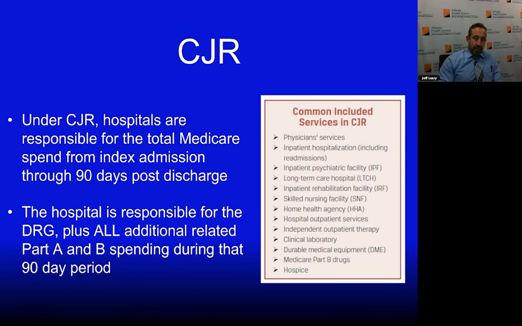You see a list there on the right of all the various services that may be included, including physician services, inpatient consults, the surgical services, the actual hospital costs, any subacute or post-admission stay for rehab. All that goes into this bundle of money, and that's why we call it the bundle. I'm going to touch on these a little later on, how we can influence this to make this more effective, but all of these are included in the possible costs that are associated with these surgeries.